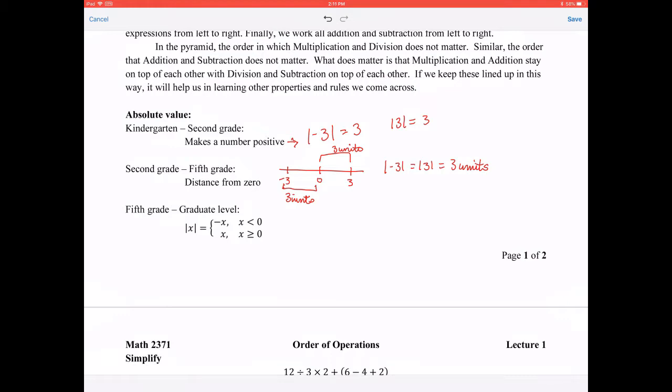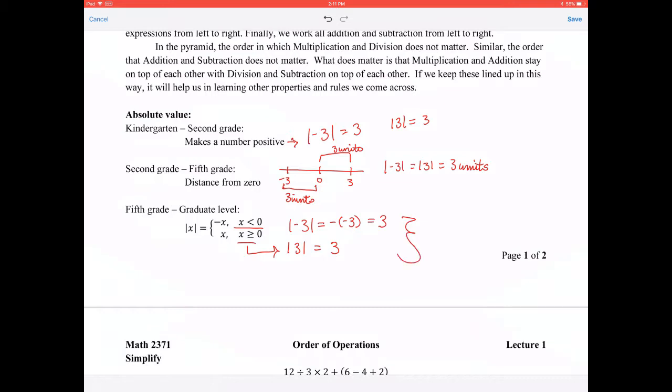We're talking about a function where if the number that we're talking about, so the absolute value of -3, is less than 0, then it falls under this case, so that's negative a -3, which makes it 3. Or if we talk about the absolute value of 3, then that falls under this case, and so it's just the number that's inside the parenthesis, inside the absolute value bar, so it's 3.